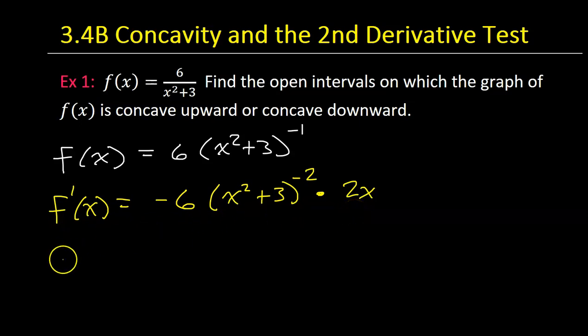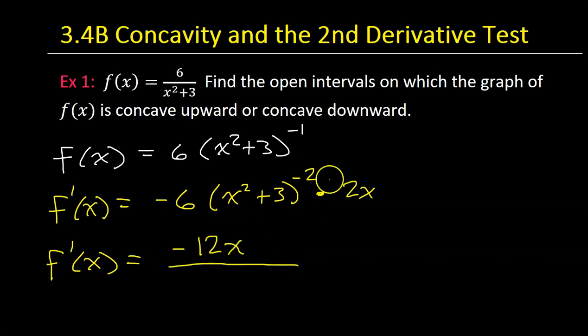I will clean this up a little bit. So f prime of x equals the negative 6 times the 2x will become a negative 12x. And then because of the negative 2 power, this expression will drop down to the denominator and become x squared plus 3 to the second power.